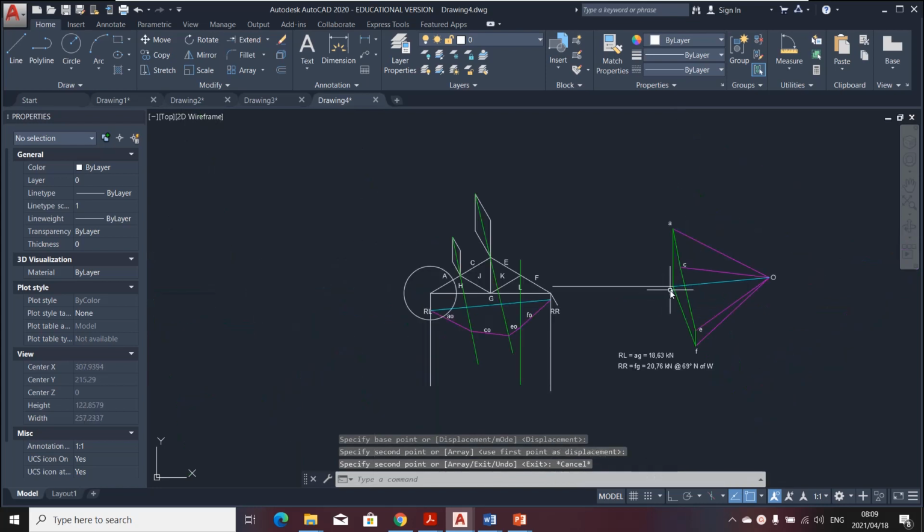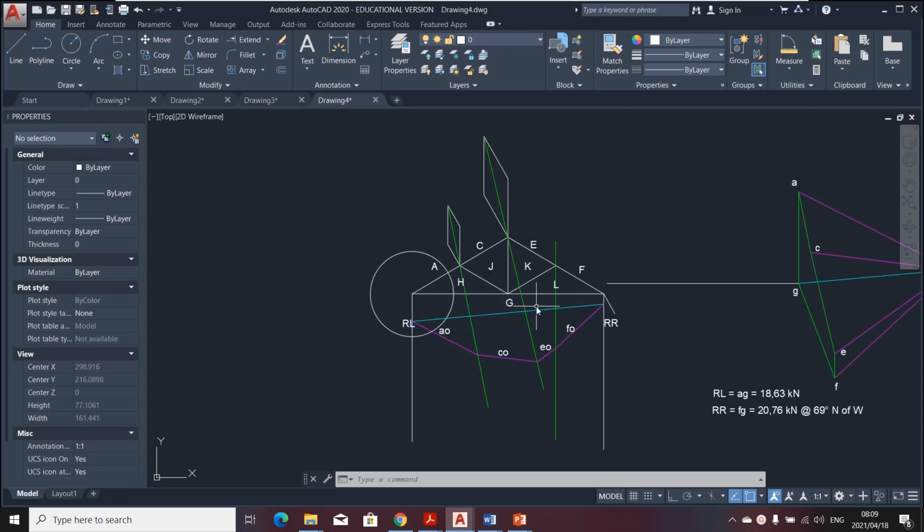Now I'm left with AH. Where A and G meet, that's where I'm going to have my H. I know that AH is at an angle of 30 degrees, and I do have A there, so I'm going to offset this one.